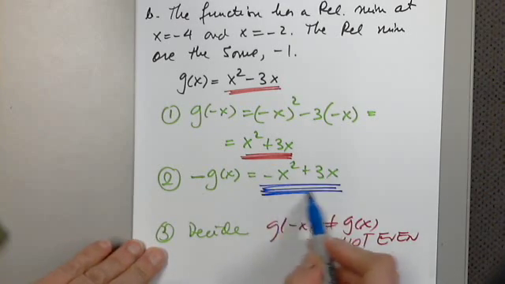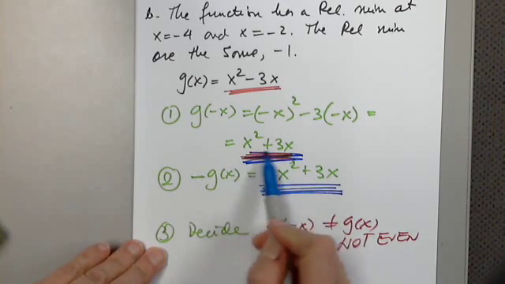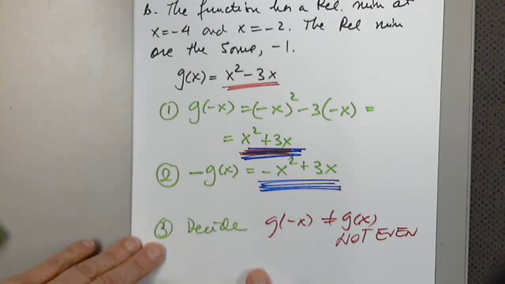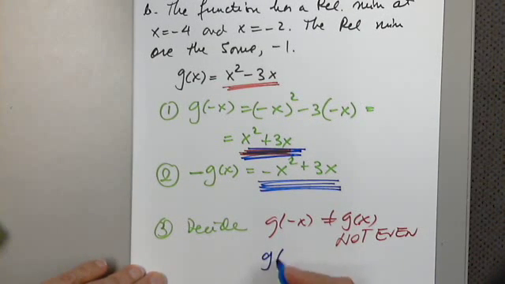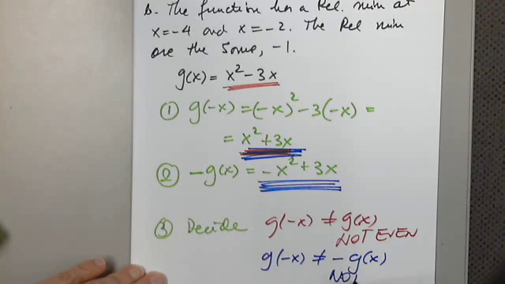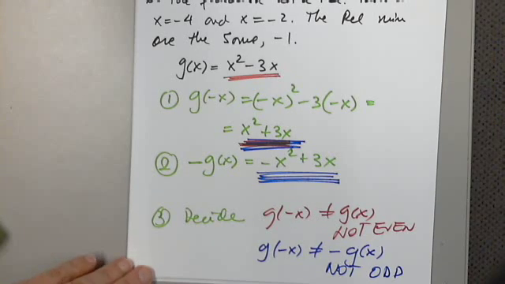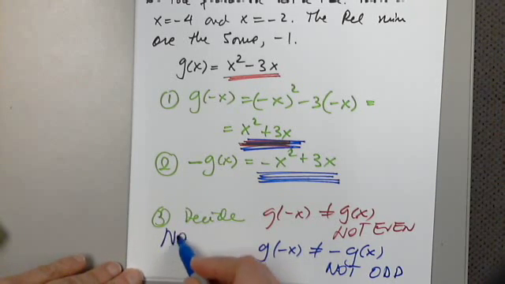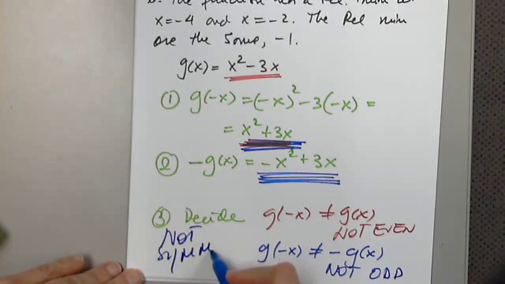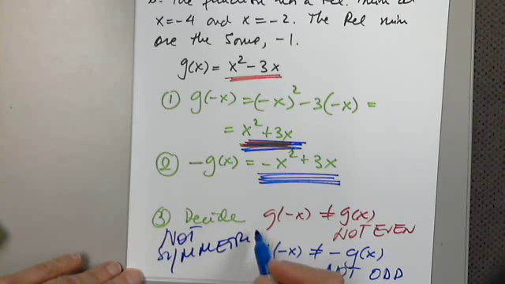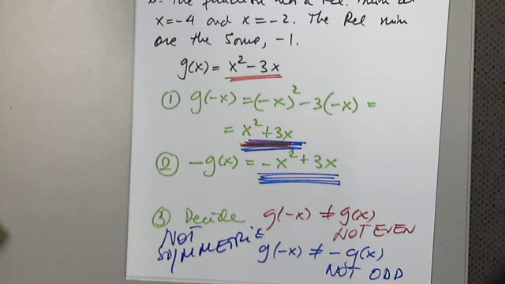Is this the same with this? No. So g of -x does not equal the opposite g of x, which means not odd. Therefore, what is our conclusion? Not symmetric. That's it. Very good.